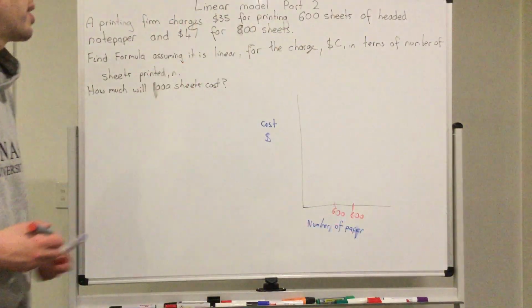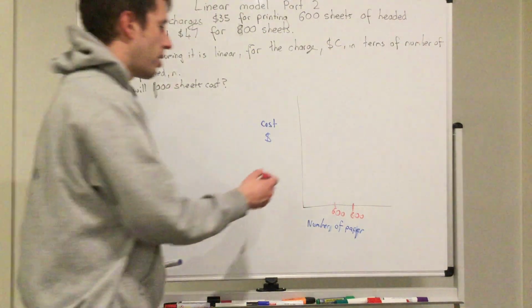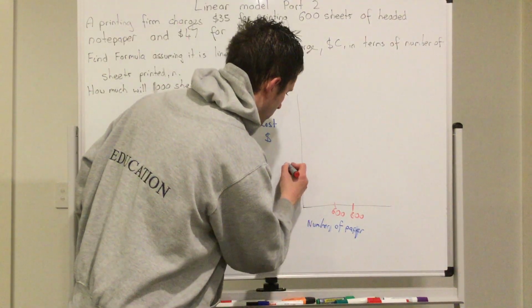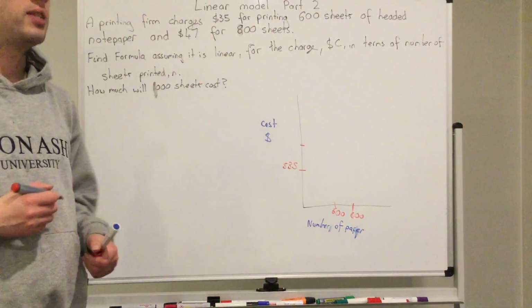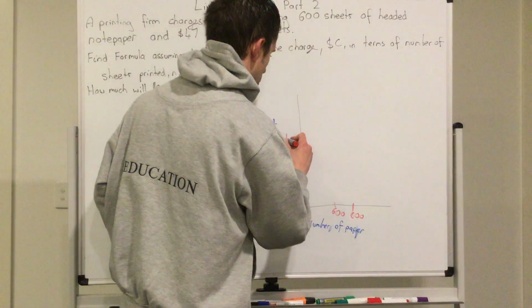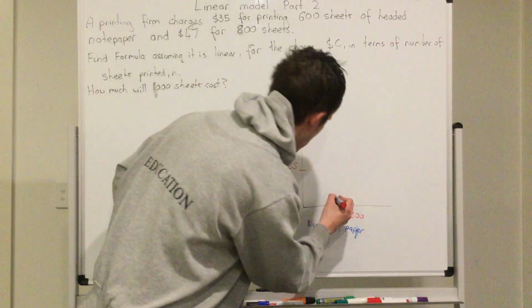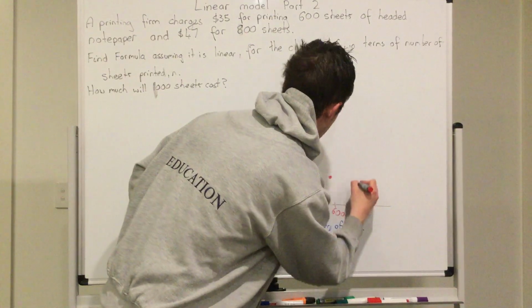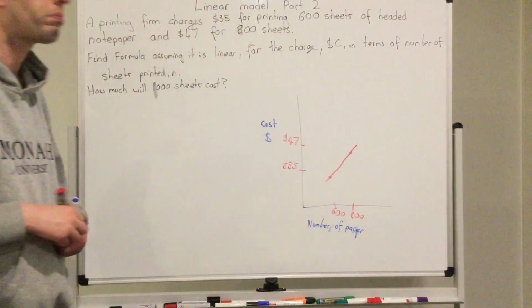The price for 600 sheets is $35, and then I've got $47 for 800 sheets. So I'm going to put my 2 points on my graph, here and here.